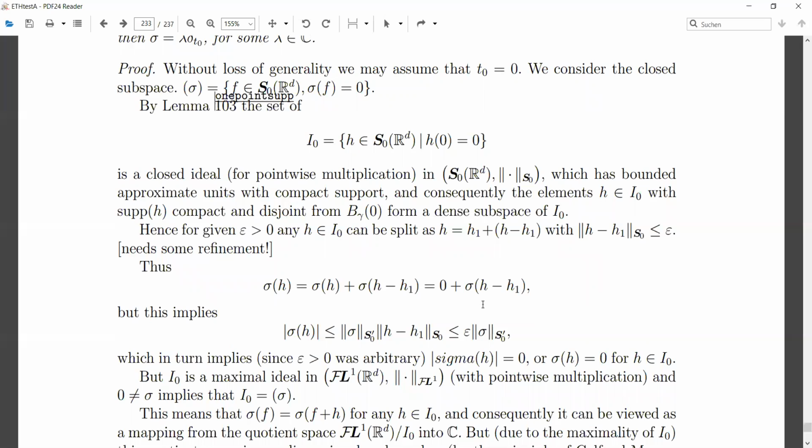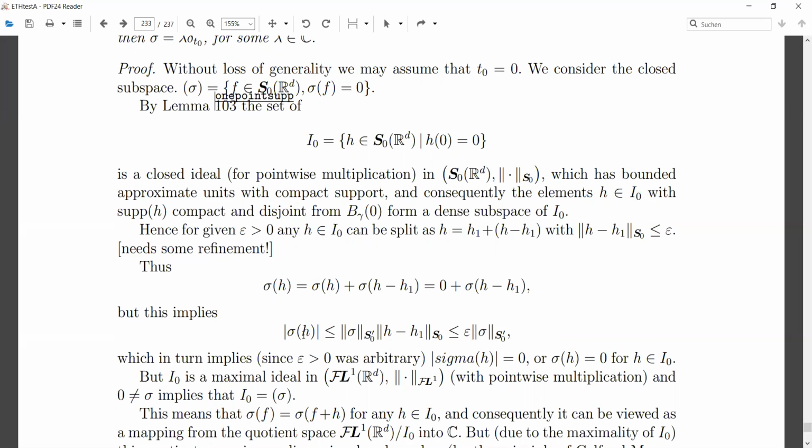Now, sigma of h, we take absolute values. It's at most 0 plus the functional norm applied to the norm of this difference. But this is small, therefore we get something which again is very small.